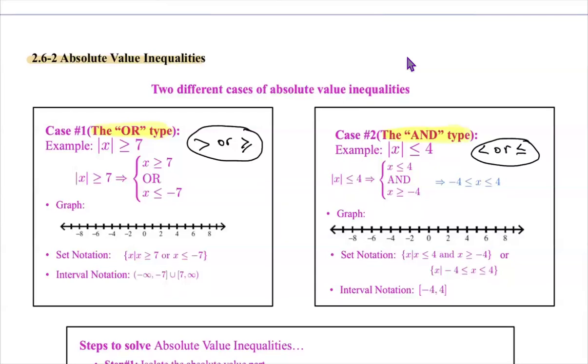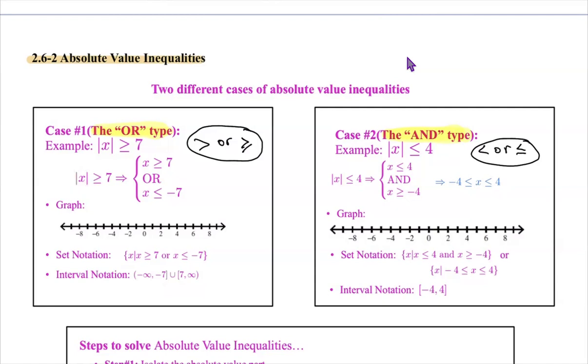When you have an inequality such as absolute value of x is greater than or equal to a number, you will need to create two different linear inequalities. The first one is created by only removing the absolute value sign.